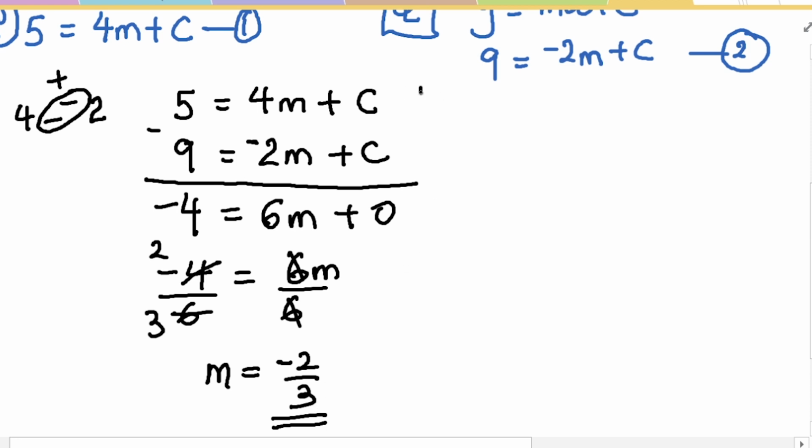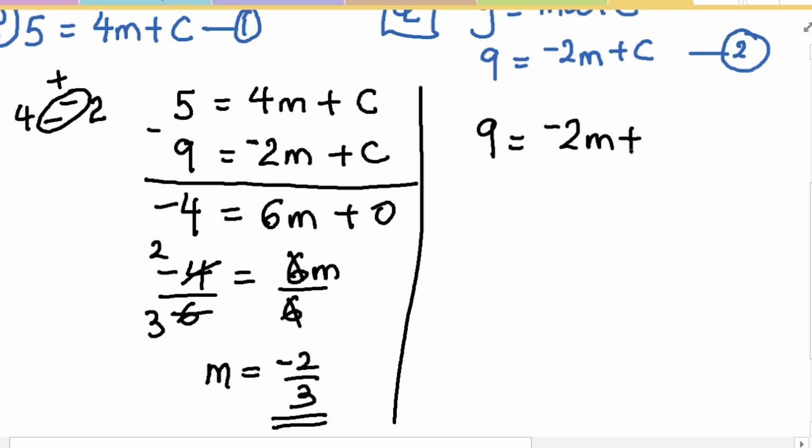After getting that, we can go ahead and find our value of c by substituting into any of the equations we used earlier. I've just chosen one of the two equations: 9 is equal to -2m plus c. I substitute the value of m to get the value of c.